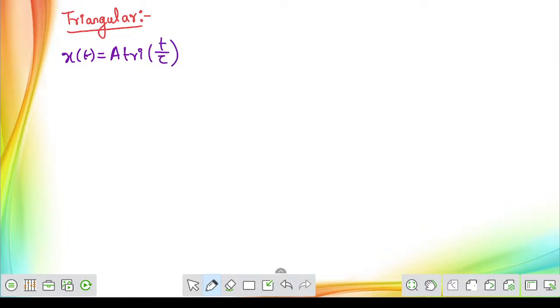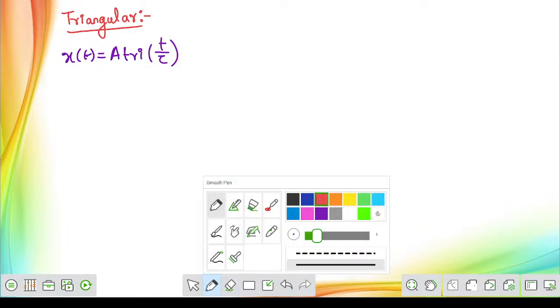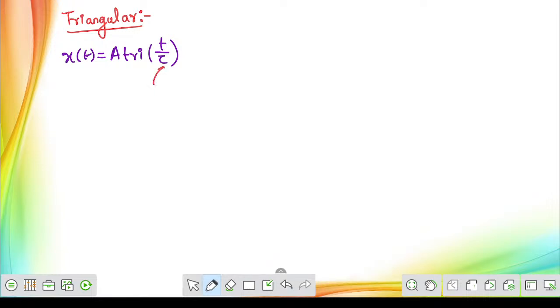This is the representation of a triangular function, but there is a big difference. Here, tau is not the total width of the signal. In the triangular function, the total width of the signal will be 2 times tau. Remember this. That is very important when we are observing the triangular function.